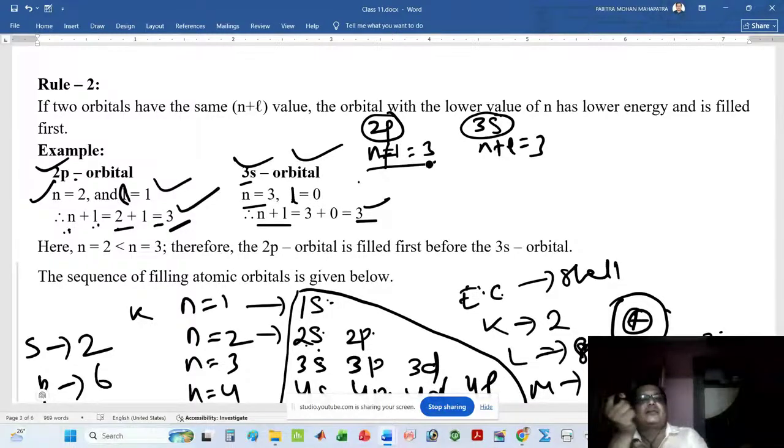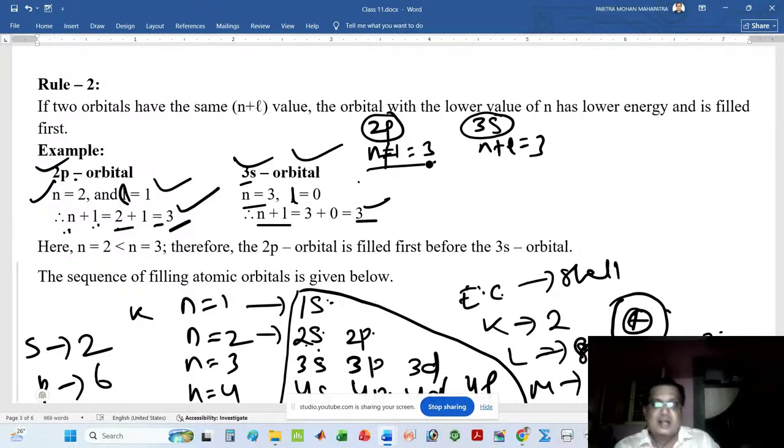The second rule says that if two orbitals have the same n plus L value, then what you will do is choose the n value. You follow the second step, that is, find the n value. Remember, the orbital which has the lower n value is said to have less energy.